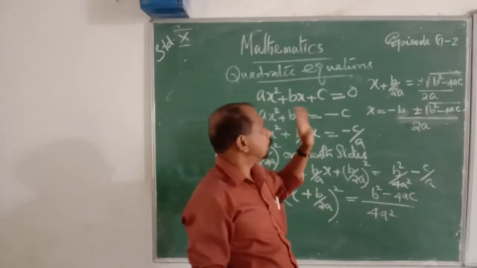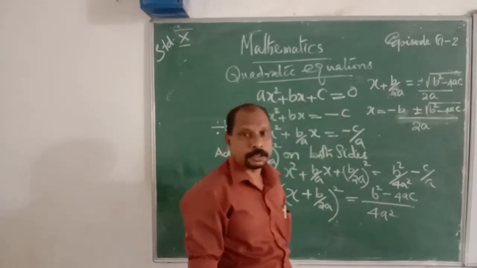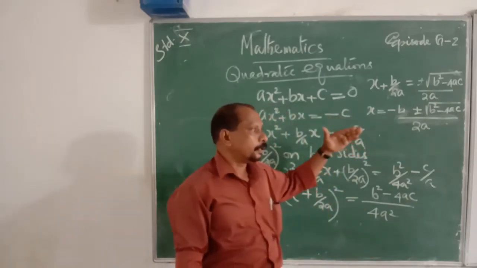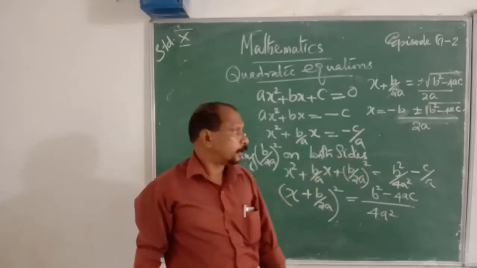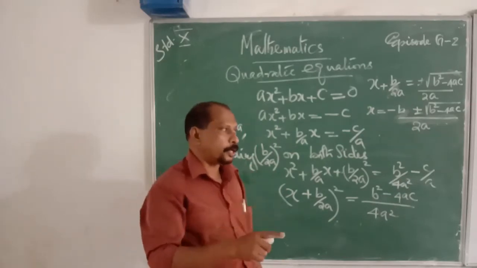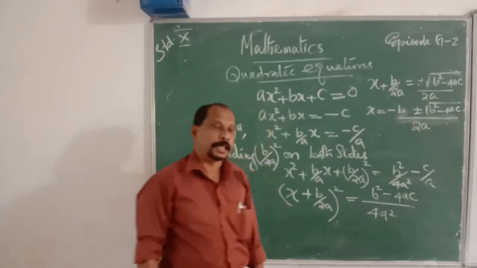Now we find the solution of the quadratic equation ax square plus bx plus c is equal to 0. This process being the method of completing the square, we now know the result, the formula. What is the formula? The quadratic equation is ax square plus bx plus c is 0.